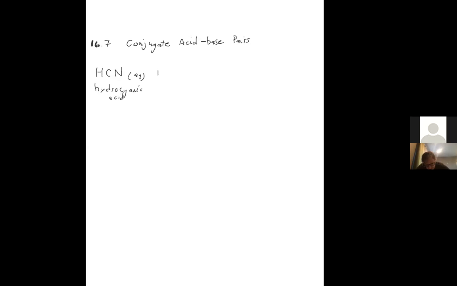And what we're going to do is write out how it behaves in terms of being a weak acid. Okay, remember, a weak acid will react with water. The acid will donate a proton to the water, leaving you with, now let's get the terminology here, cyanide, which is the name of this species.